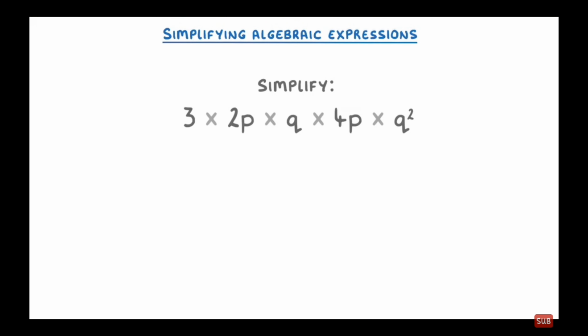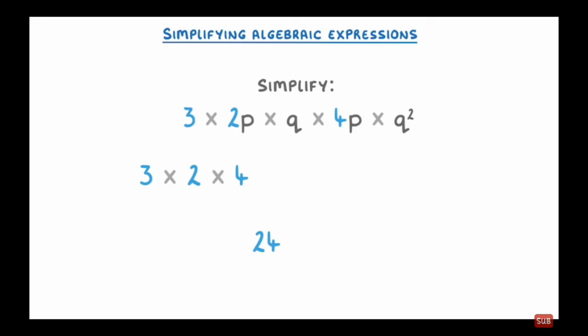So in this question, we've got a whole bunch of numbers, P's, and Q's, which makes it all look a bit difficult. The best thing to do with these questions, though, is to think about each of these separately. So if we start with the numbers, we have 3 times 2 times 4, which is 24.